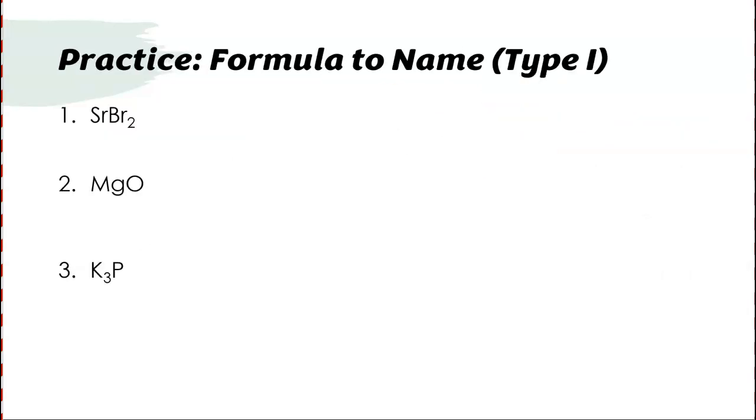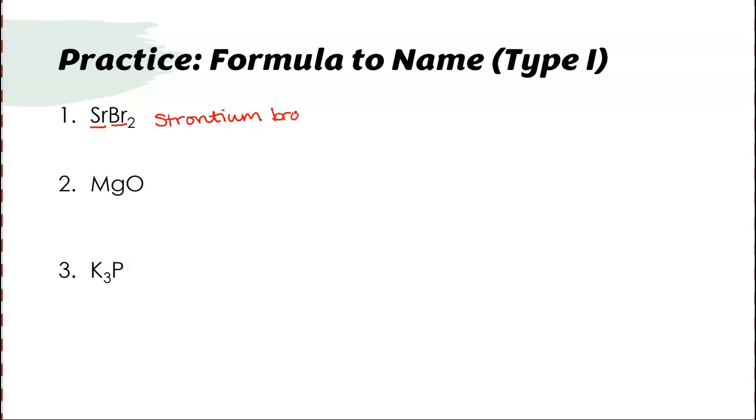So let's do some practice. We have strontium and we have bromide. So the nice thing about these type 1 binary compounds is that the charges tell you exactly how many of each ion will be in the formula unit.